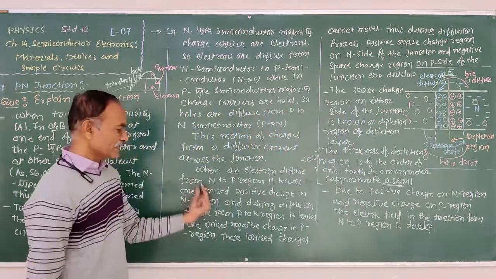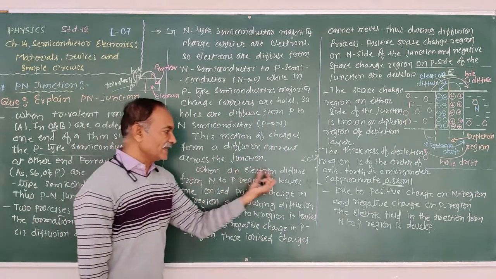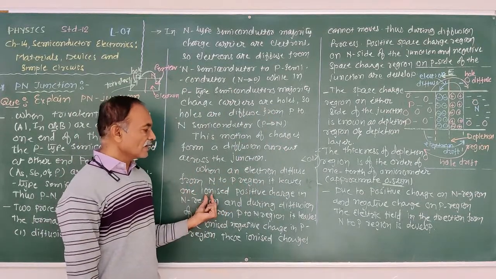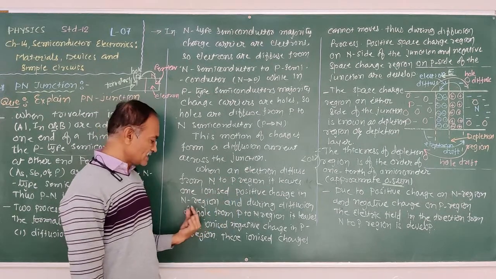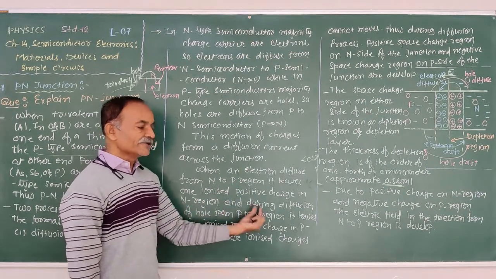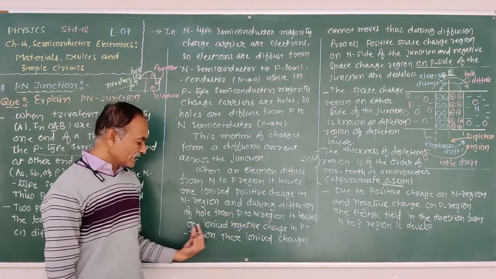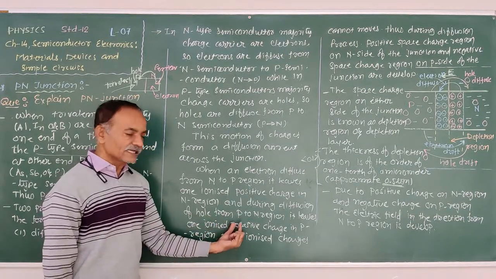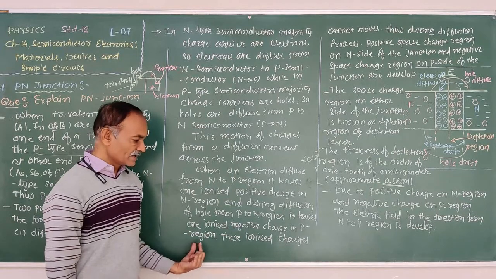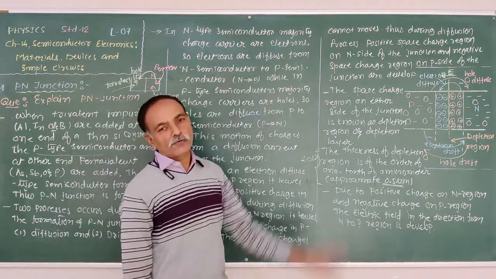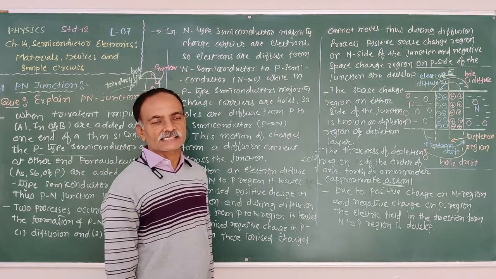So this paragraph is this: when an electron diffuses from N to P region, it leaves one ionized positive charge in N region, and during diffusion of a hole from P to N region, it leaves one ionized negative charge in P region. These ionized charges can't move. That means these charges are stationary.